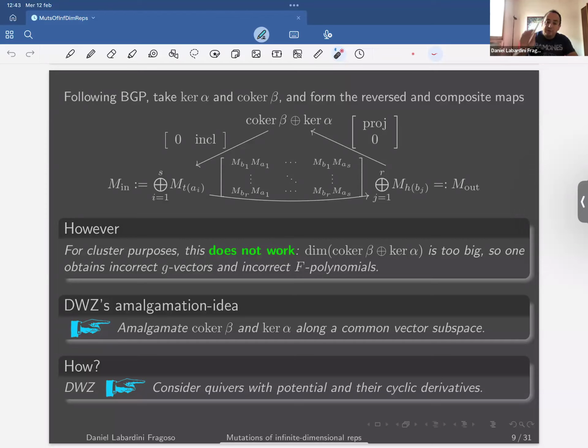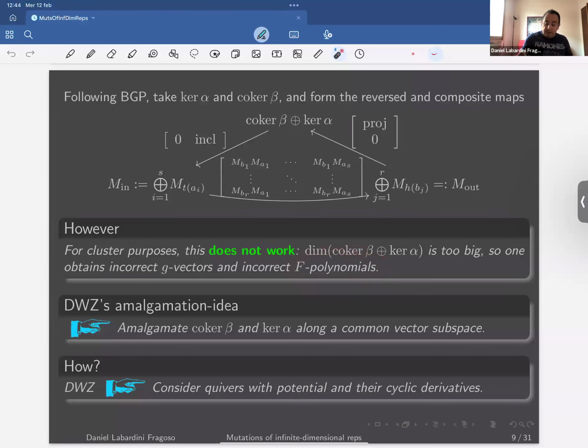The degree of a cluster variable is then called the G-vector of that cluster variable. So G-vectors are degrees of elements in a certain ring called the cluster algebra. And F-polynomials are defined in a slightly more cumbersome way, so let me not define them.